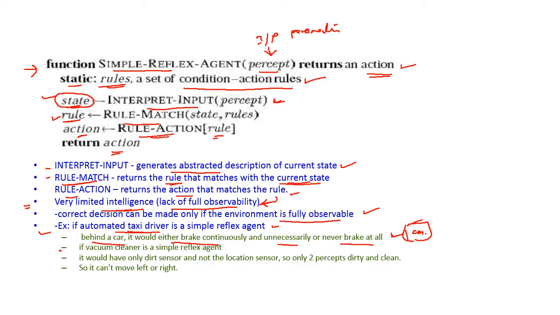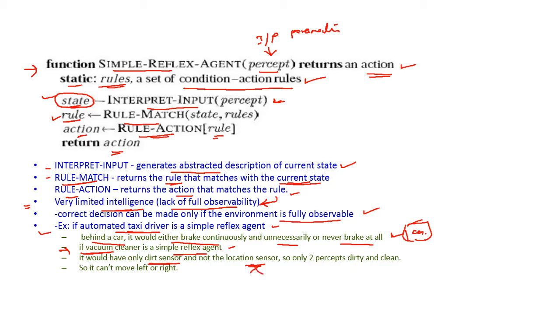And next we will move to the vacuum cleaner example. In our vacuum cleaner, if it is a simple reflex agent, it would observe only the dirt sensor and not the location sensor. So for this vacuum cleaner we should have two sensors, a dirt sensor as well as a location sensor.